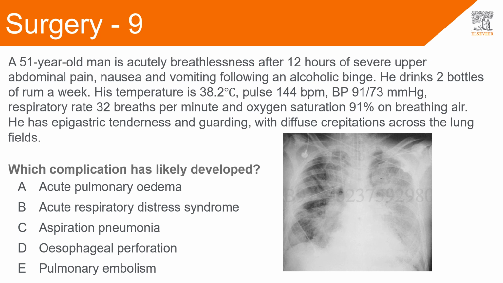Which complication has he likely developed? A, acute pulmonary edema, B, acute respiratory distress syndrome, C, aspiration pneumonia, D, esophageal perforation, and E, a pulmonary embolism. So I'll just give you 30 seconds to reread the question and think about the correct answer.